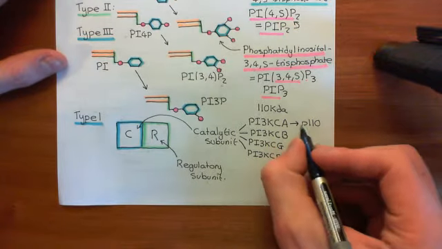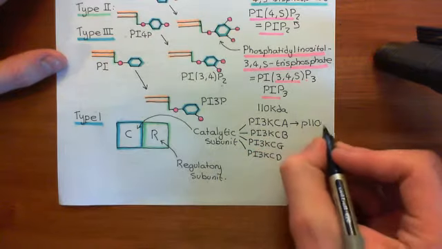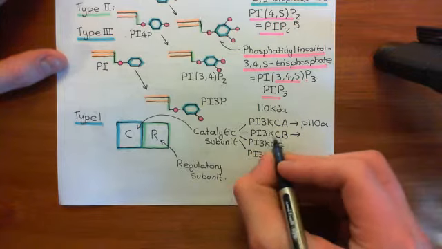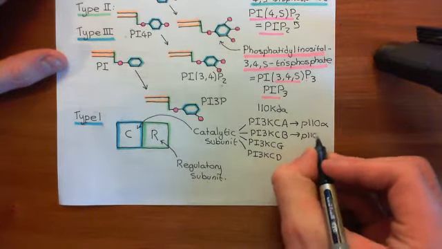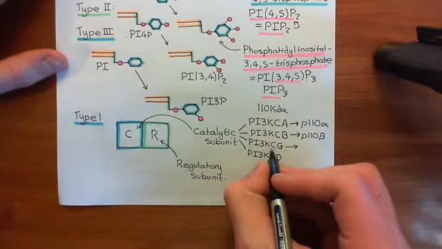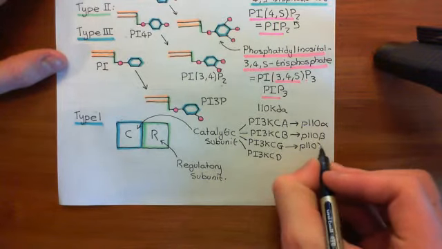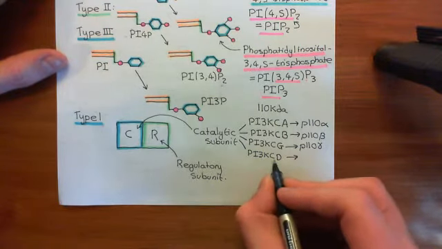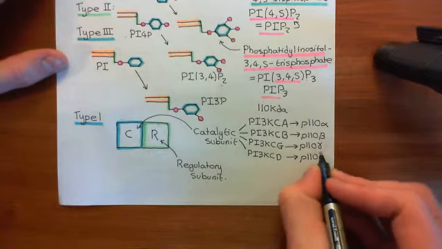The protein which the PI3KCA gene produces is known as P110 alpha. The protein which the PI3KCB gene produces is known as P110 beta. The protein which the PI3KCG gene produces is P110 gamma, and finally the protein which the PI3KCD gene produces is known as P110 delta.